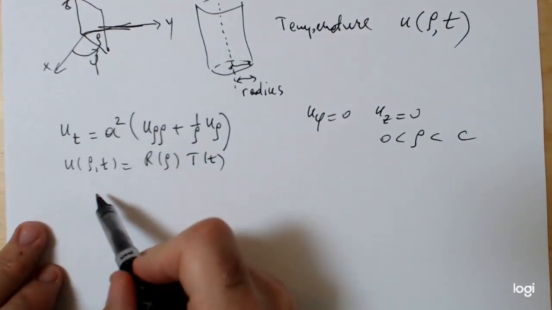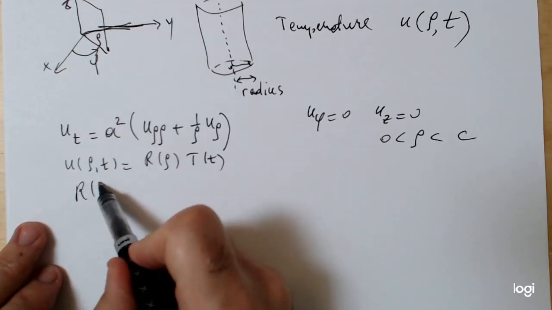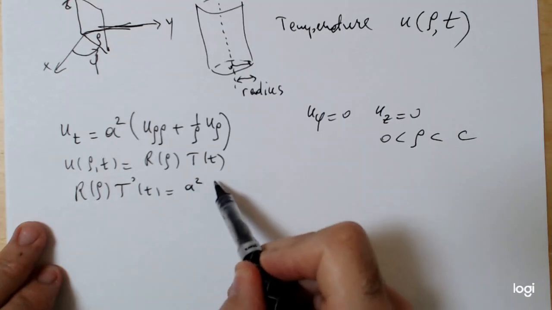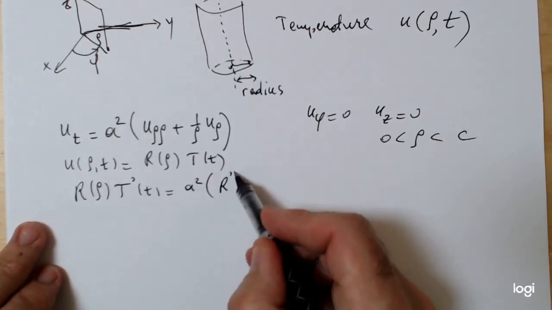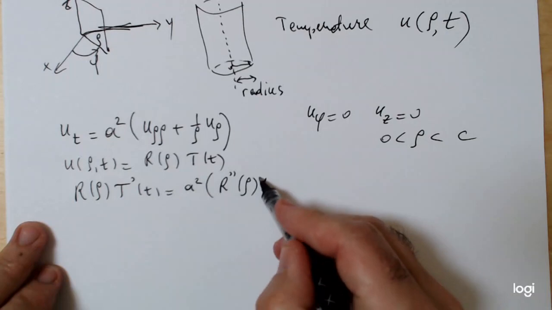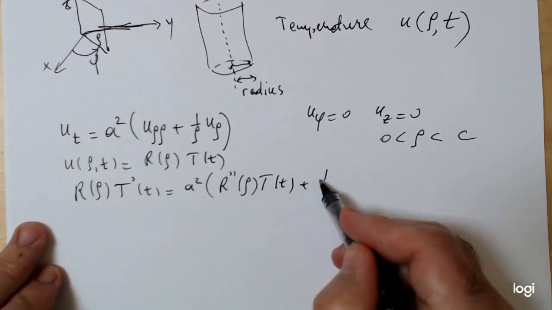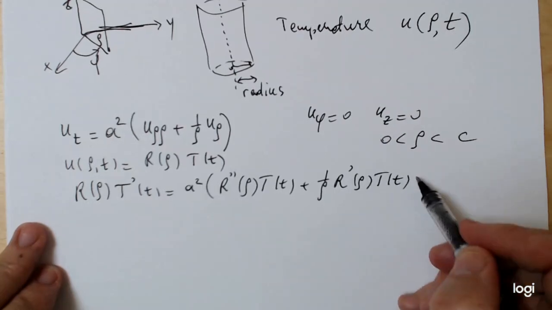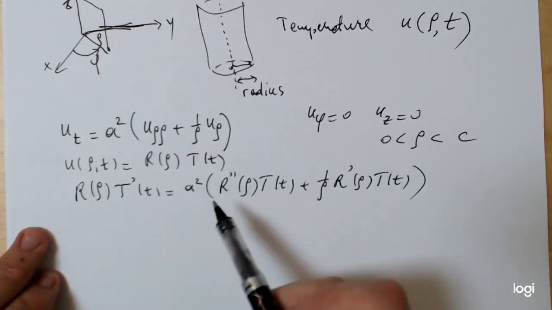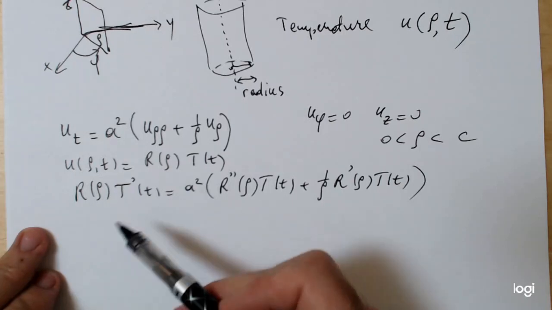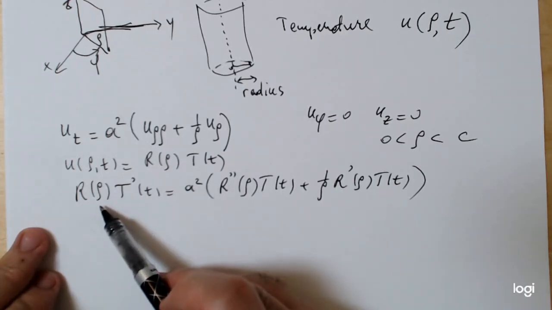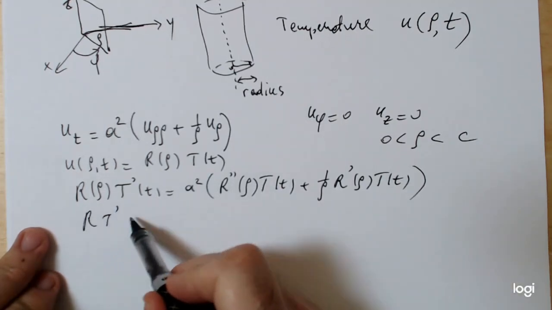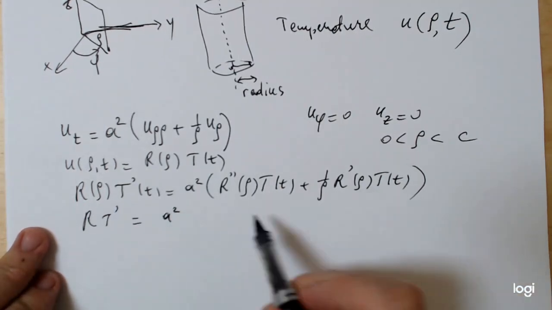Plug it into the PDE, so we have R of rho T prime of t equals a squared R double prime of rho big T of little t plus 1 over rho R prime of rho big T. On the next step, we're not going to write rho and t because we know already that big R depends on rho and big T depends on little t. And let's do some algebra. So here we can factor big T.